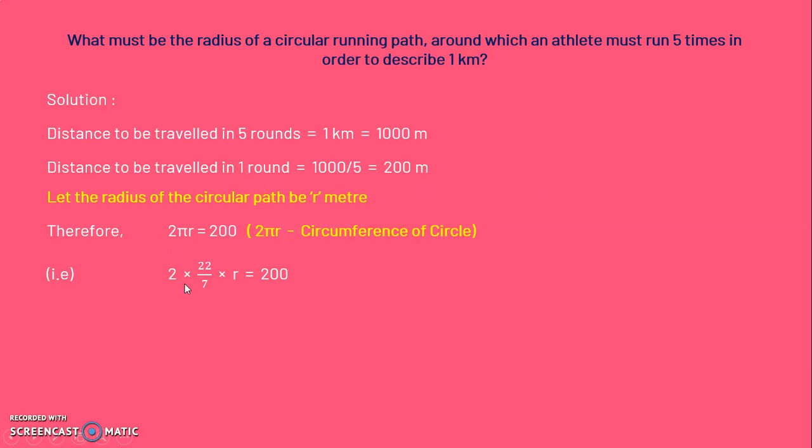Taking pi as 22 by 7, 2 into 22 by 7 into r is equal to 200, and r will be 200 into 7 divided by 44. So the answer will be 31.82 meters. The radius of the circular running path is 31.82 meters.